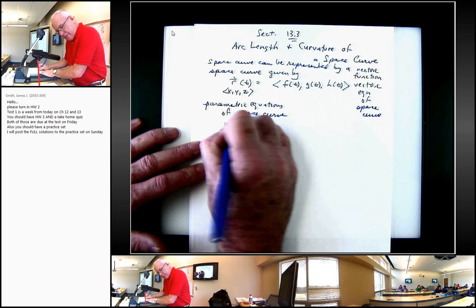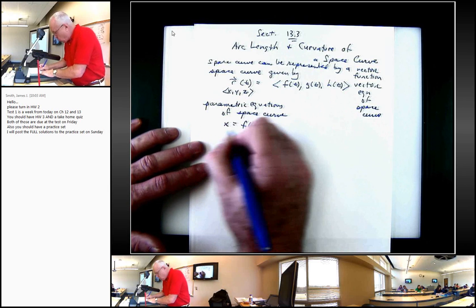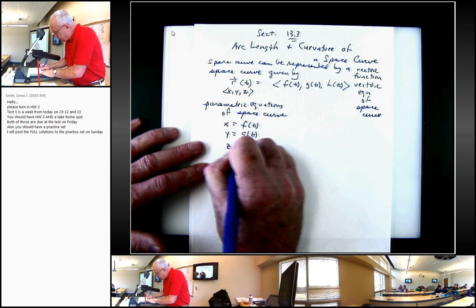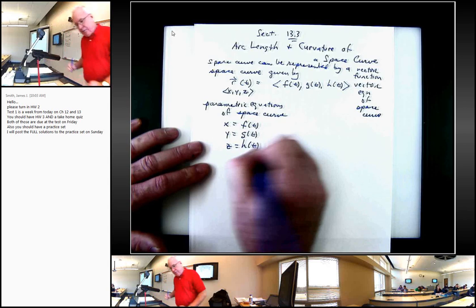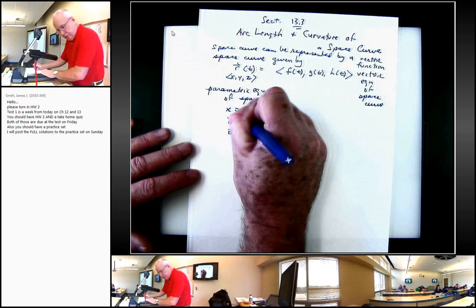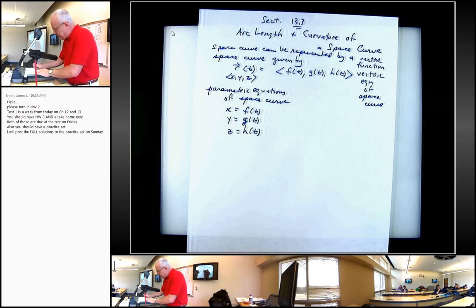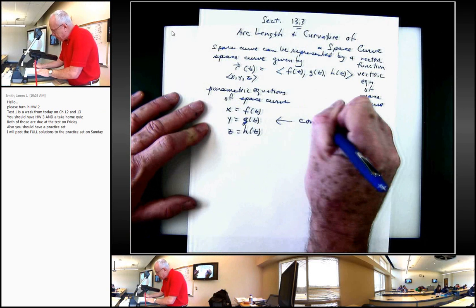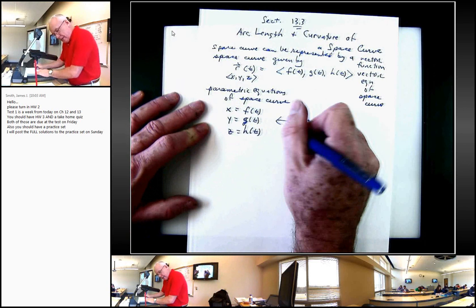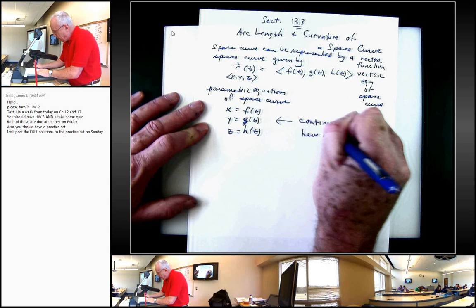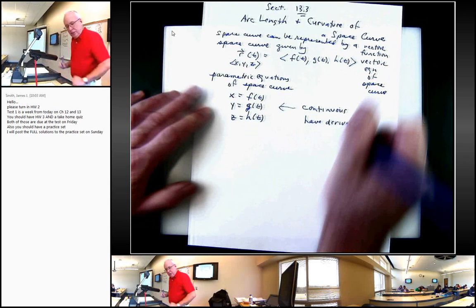That's going to be x is equal to f of t, y is equal to the middle function g of t, z is equal to the last function h of t, all right? And we're going to be assuming that these three functions are continuous and have derivatives. So we're just going to assume continuous functions, there's no breaks in the curve, and they have derivatives. So shall we say nice functions?